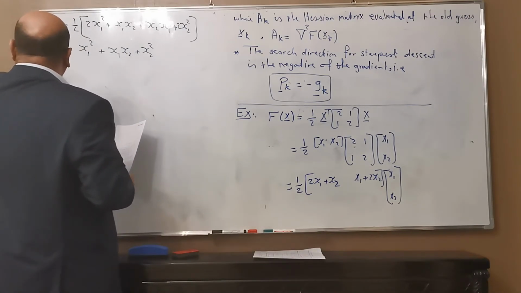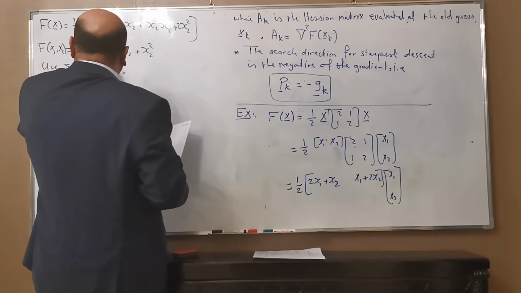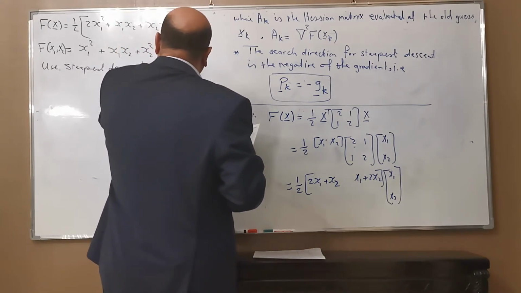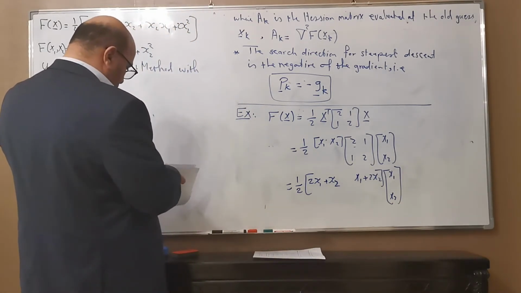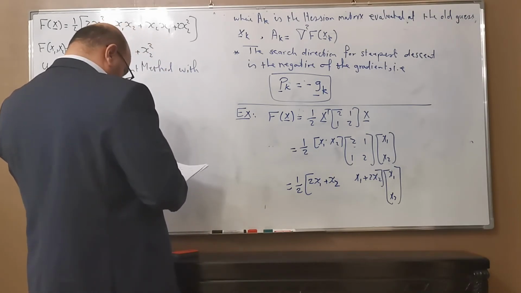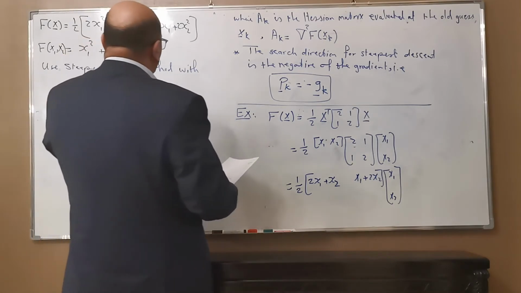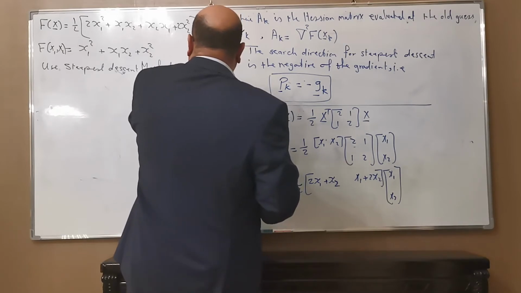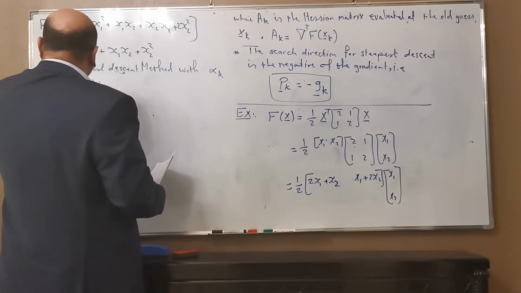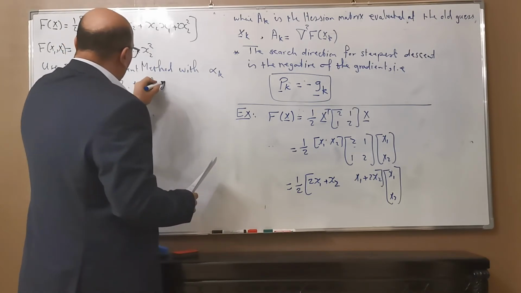We need to use the steepest descent method with alpha k chosen by method 2 to find the minimum.